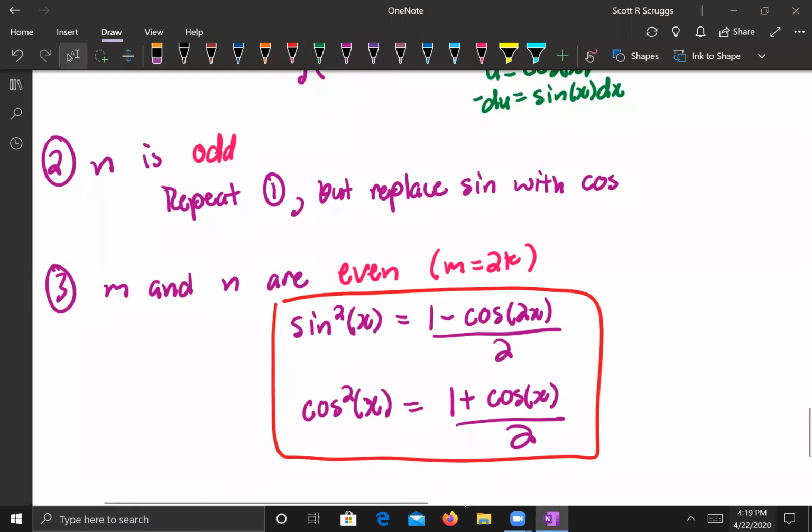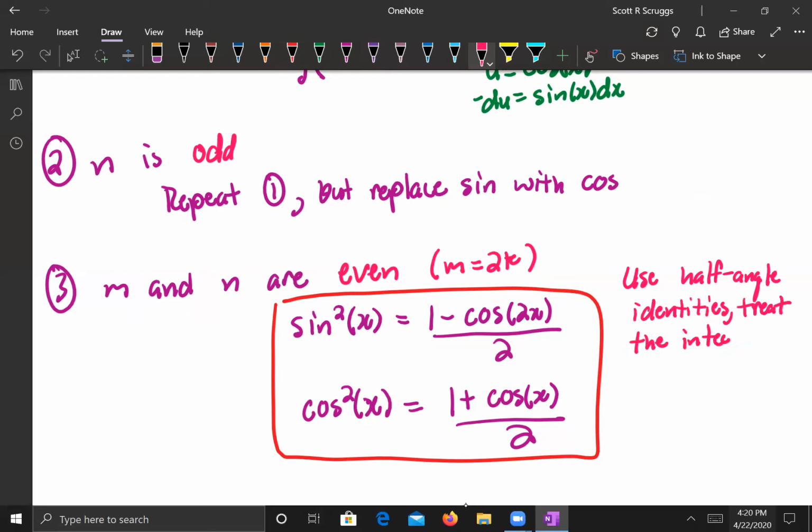So the main idea with a trig integral, if both sine and cosine are even, is I'm going to use my half angle identities and I'm essentially going to treat the integrand as a polynomial with respect to cosine of 2x.